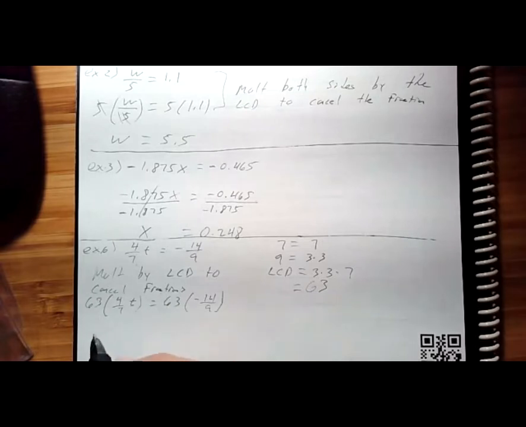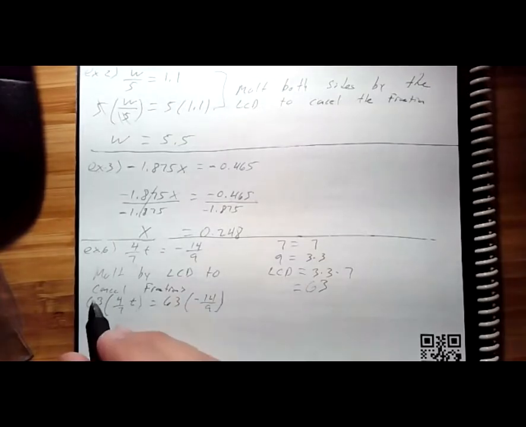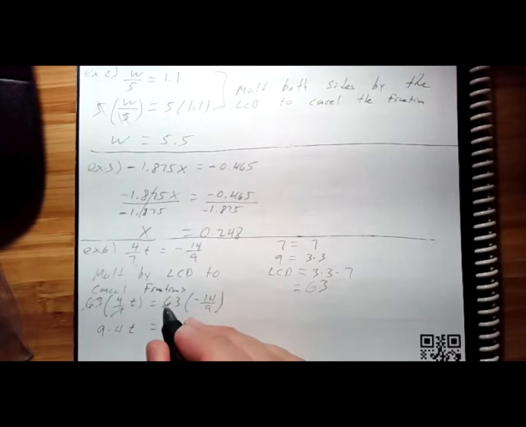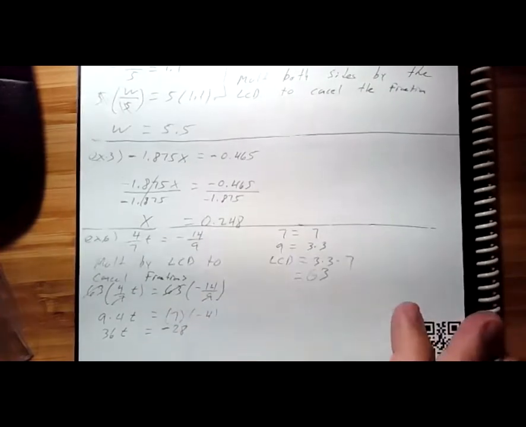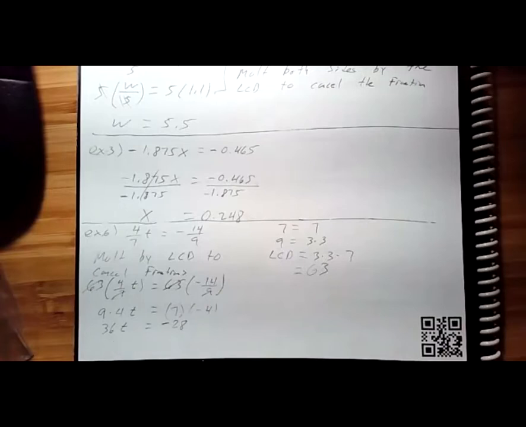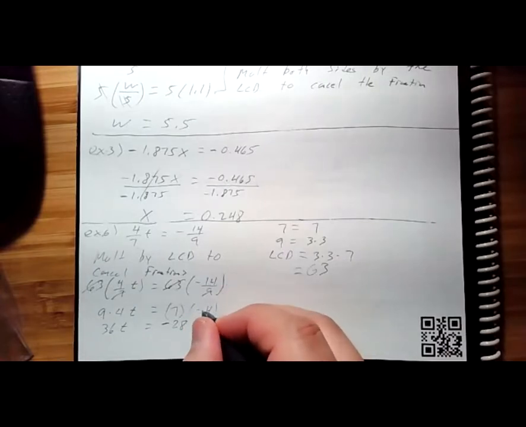Okay, so this will reduce, right? What's 63 divided by 7? It'll be 9, right? So it'll be 9 times 4t equal to 63 divided by 9, which will be 7 times -14. So that'll be 36t equal to... oh yeah, it wouldn't be -4, it's -14, I don't know why I wrote that before.